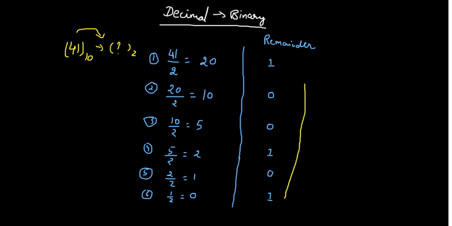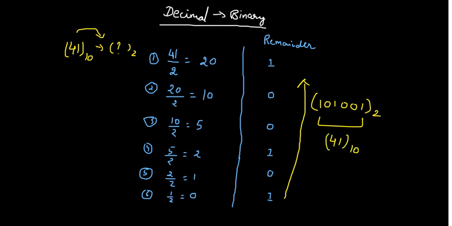That you have to remember, right? So how are we going to write this answer? We are going to write this answer as 1 0 1 0 0 1. This is our 41 in the decimal number system.